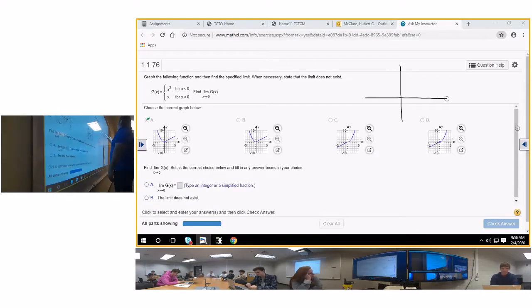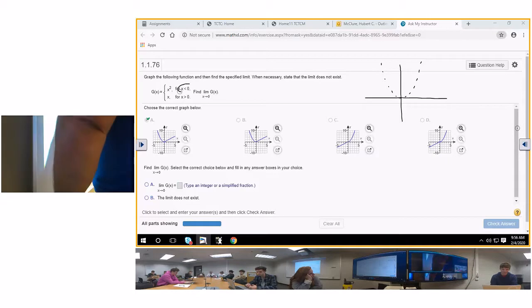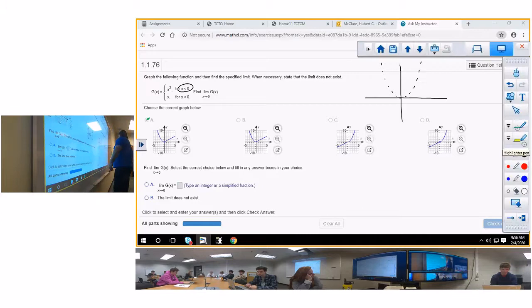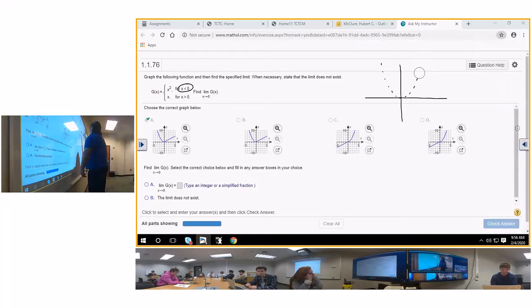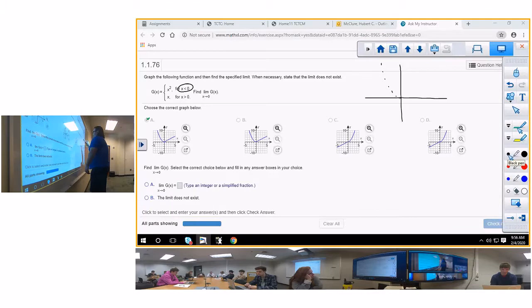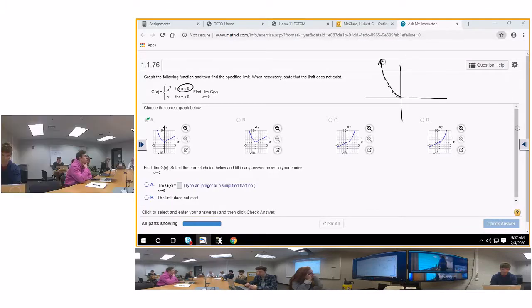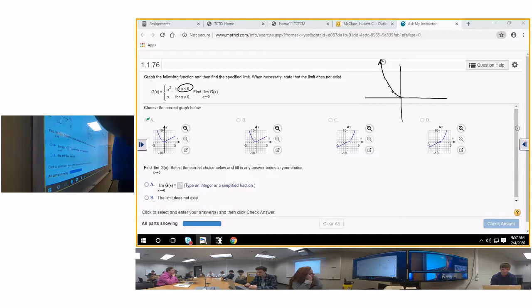X squared looks like this. But we can only use numbers less than what? So we can't do the right-hand side. So let's erase the right-hand side. Okay, there's one side. Now we're just going to do x.